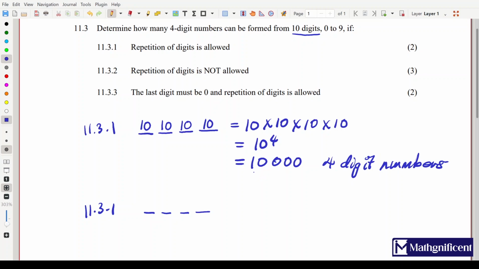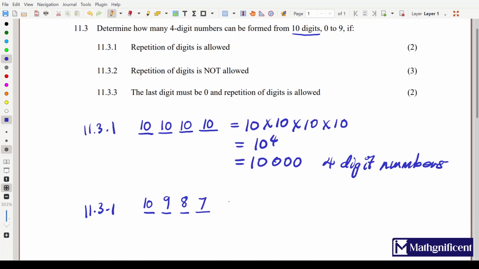So how many choices do we have to choose the first digit? We have 10 choices, right? Because now we have chosen one, how many choices are we left to choose from since the repetition is not allowed? We are only left with 9. And then to choose the third one, we are left with 8. And to choose the last digit, we are left with 7 digits to choose from.